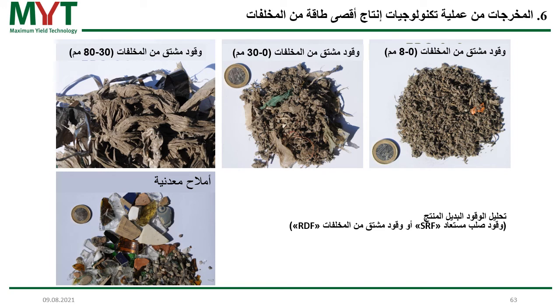Then we have the middle size RDF, which has a bit higher calorific value because there are already plastics in it. And then you have the bigger RDF, 30 to 80 millimeters, which consists mainly of plastics, which has a high calorific value. And again, the minerals. We just put the euro coin beside to give you an impression of the size.